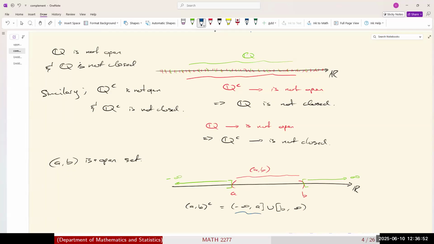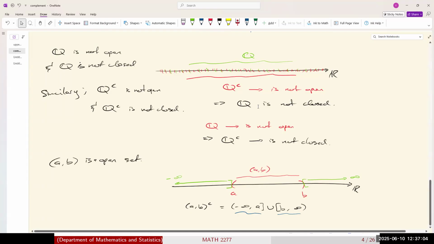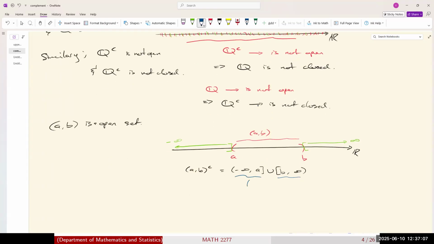So this set here and this set here, these are not open sets. Why are they not open sets? Because they contain at least one point that is not an interior point. So a is not an interior point of this set, so this set is not open. Why is this set, half open interval [b, infinity), not an open set? Because b is not an interior point.